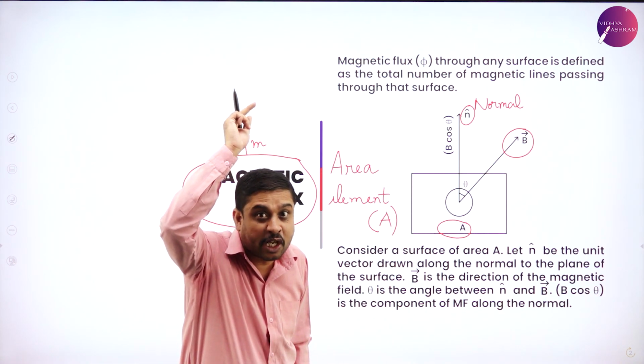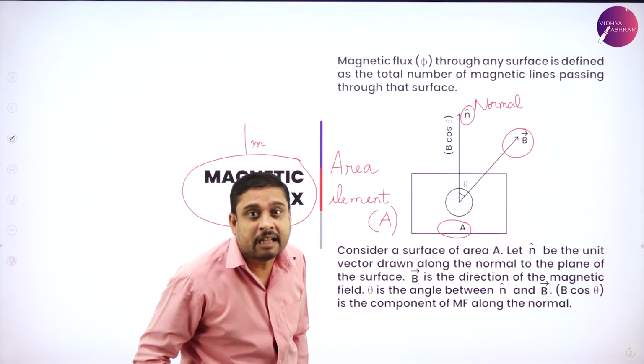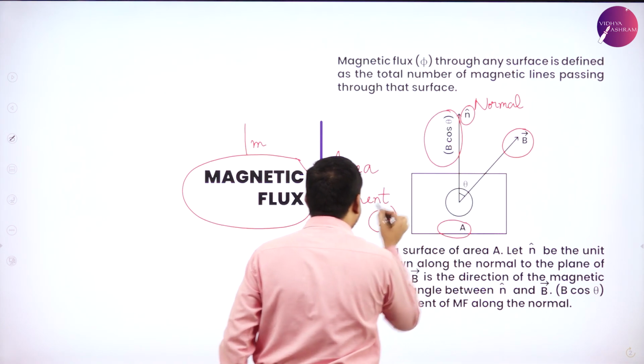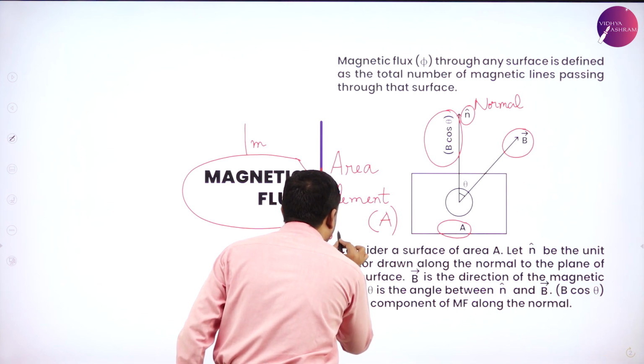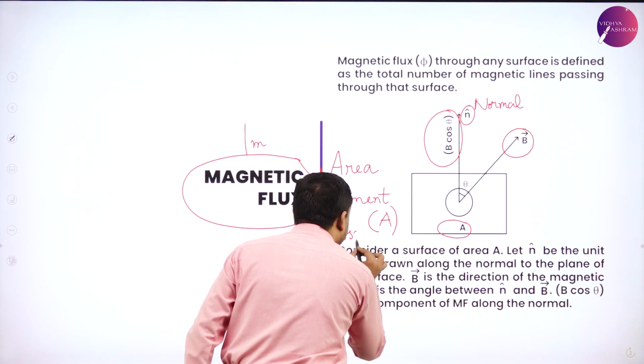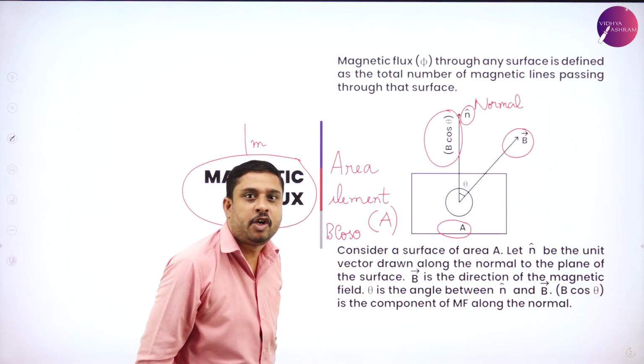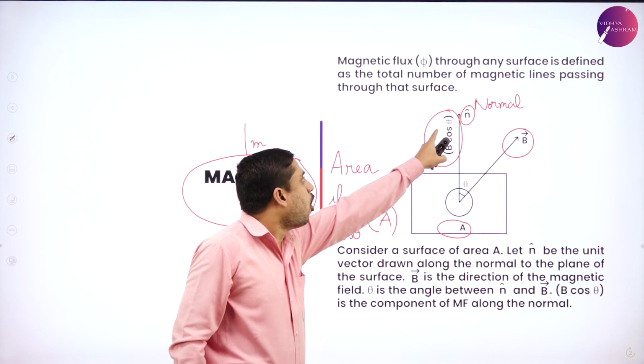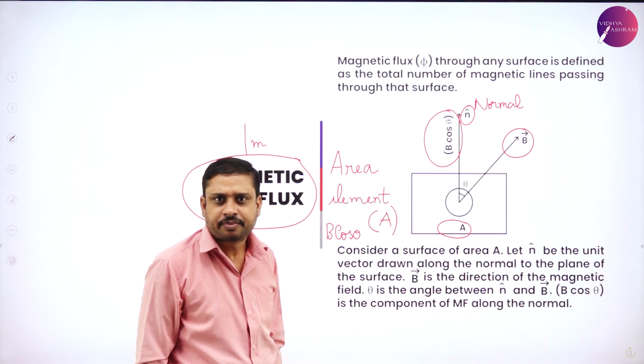Like in electric flux, where we had E cos theta. Similarly, B cos theta is the component of magnetic field along the normal.